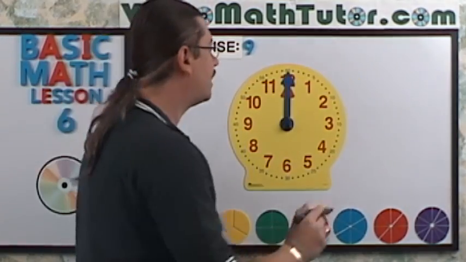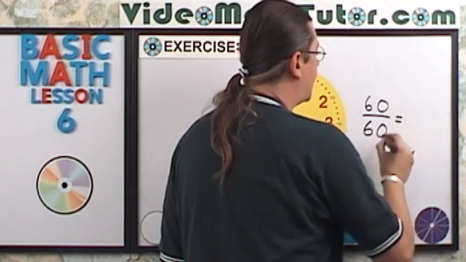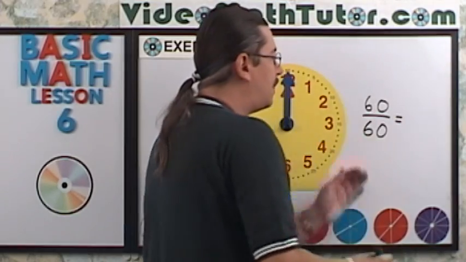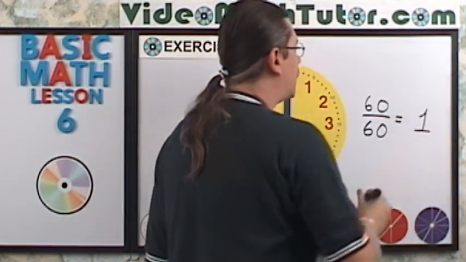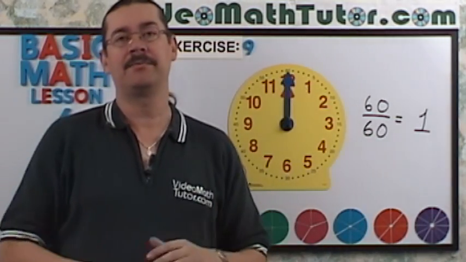Well, that's easy. You just write down 60 over 60, and then the reduced fraction. Whenever you have the same number over itself, there was a rule we memorized for that. The answer is just 1, which of course makes sense because if 60 minutes have occurred, 1 hour passed.